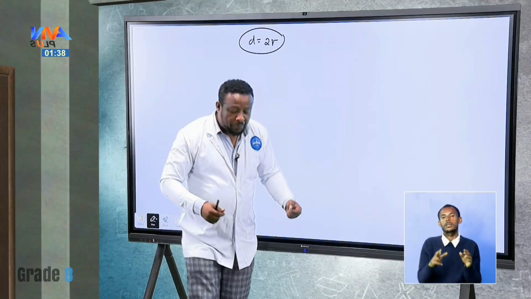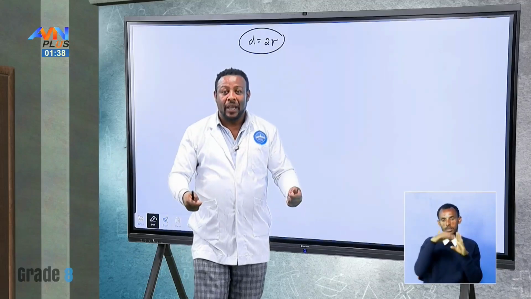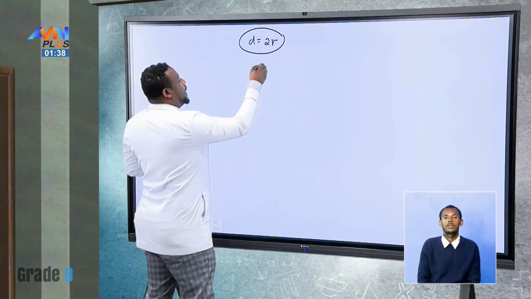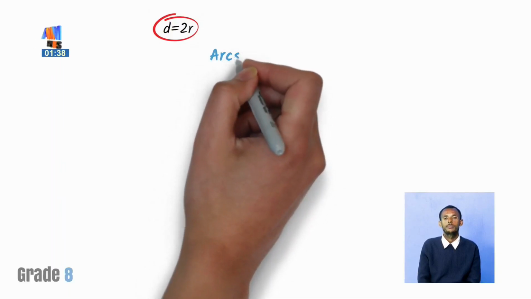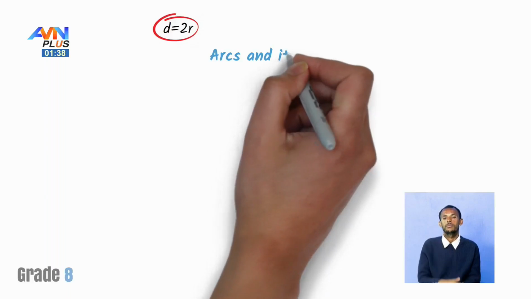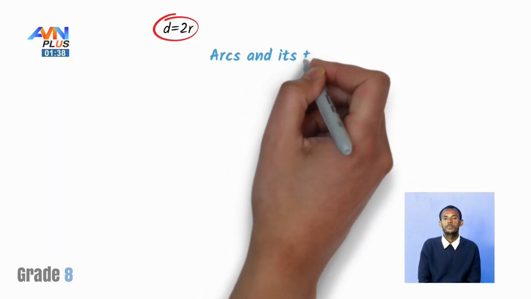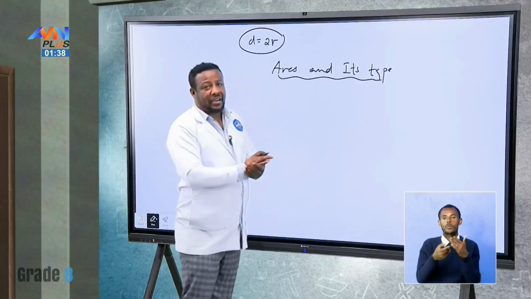Then now we will see some other terminologies in circle, okay? That is arcs and its type. So what is an arc?